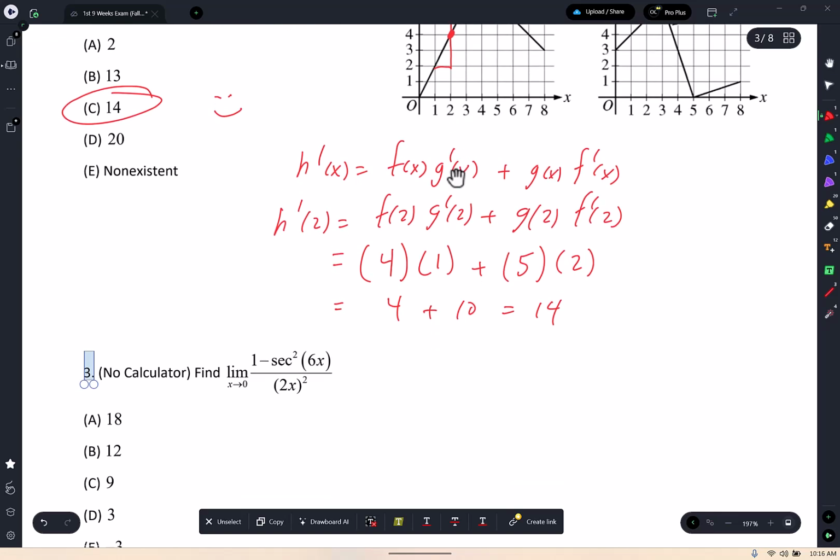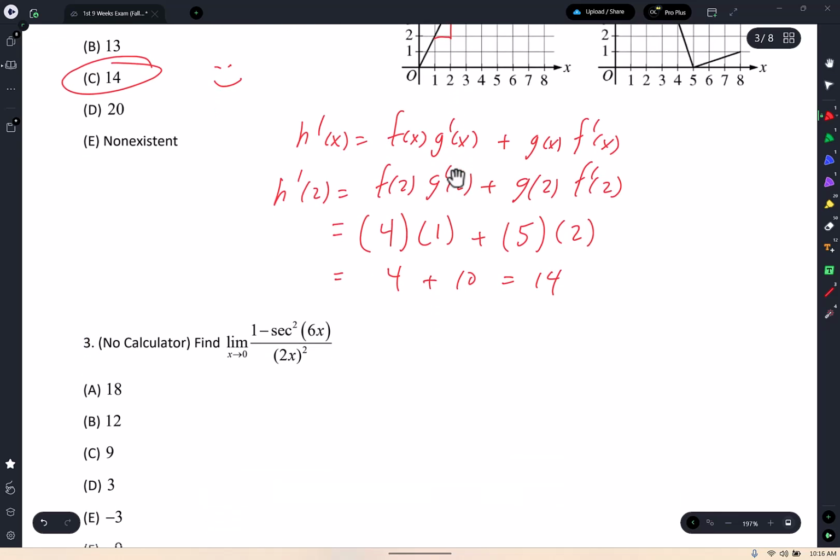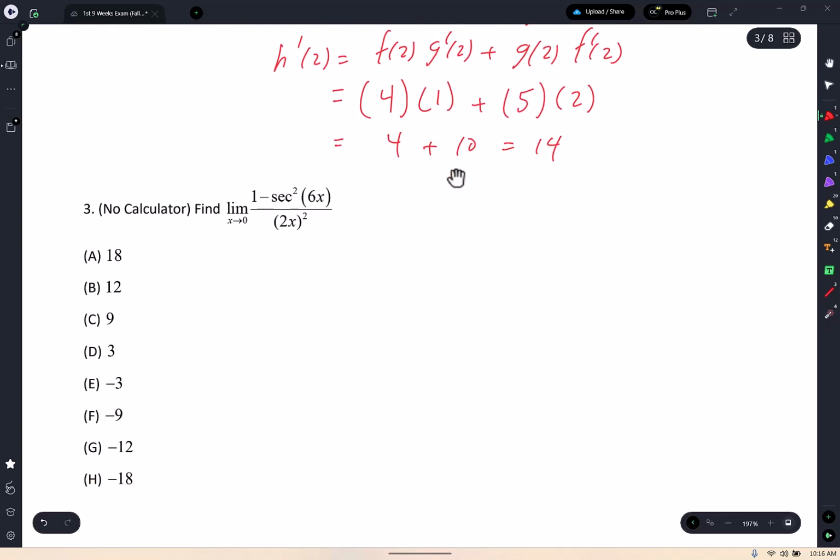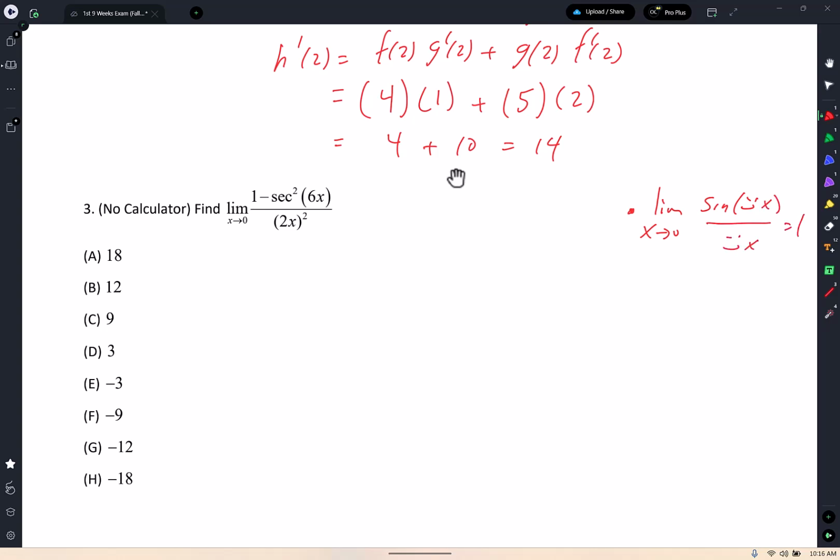All right, this one. I'm going to go as slow as I can go, guys. 1 minus secant squared. The only properties you know for trig, for x approaching 0, these are the properties you guys know. Limit as x approaches 0 of sine happy face x over happy face x equals 1. You know limit as x approaches 0 of tan happy face x over happy face x equals 1.